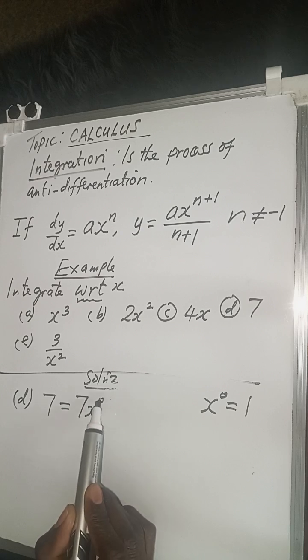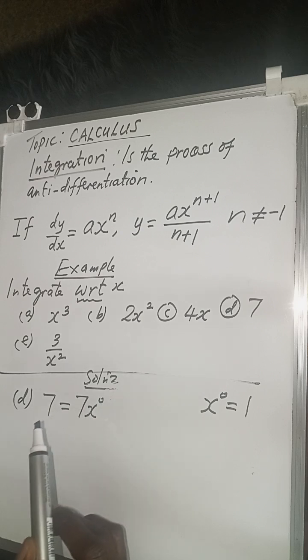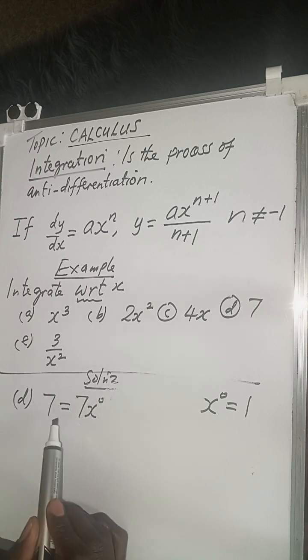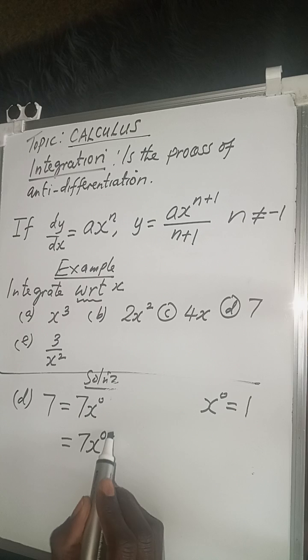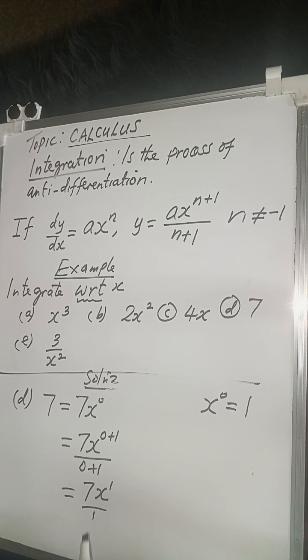Therefore, how do we integrate that one? Well, it has a 0 there. It is the same as saying x raised to 0 plus 1, then you divide by the new power 0 plus 1. So that will give you 7x to the power 1, but you cannot just write this, that is simply a 1. So 1 into 7 is 7x.